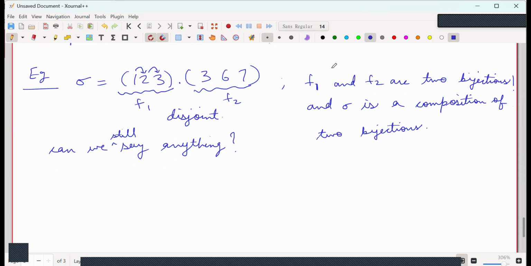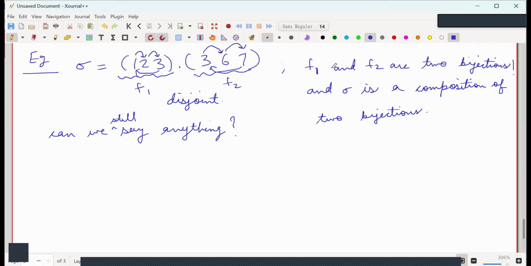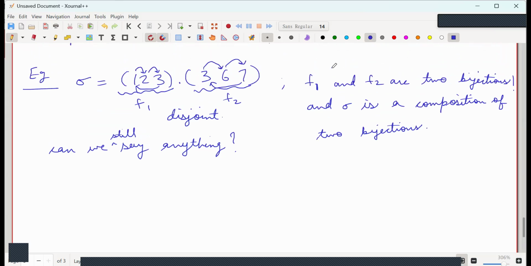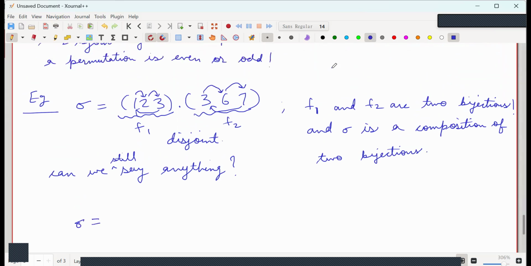Here 1 is mapping to 2, 2 is mapping to 3, and then 3 is mapping back to 1. Here 3 is mapping to 6, 6 is mapping to 7, and 7 is coming back to 3. So there are actually two bijections, and we are trying to get a composition. Usually we start from right to left.